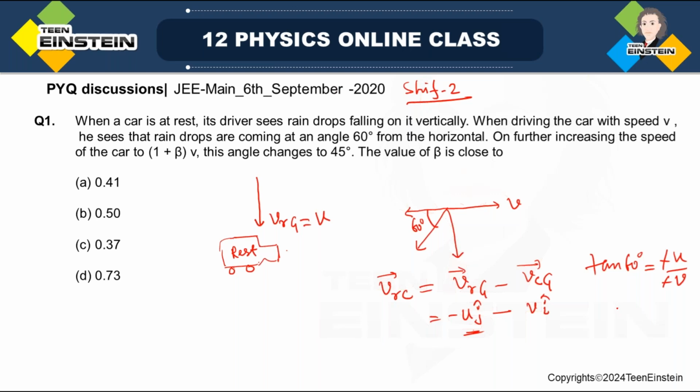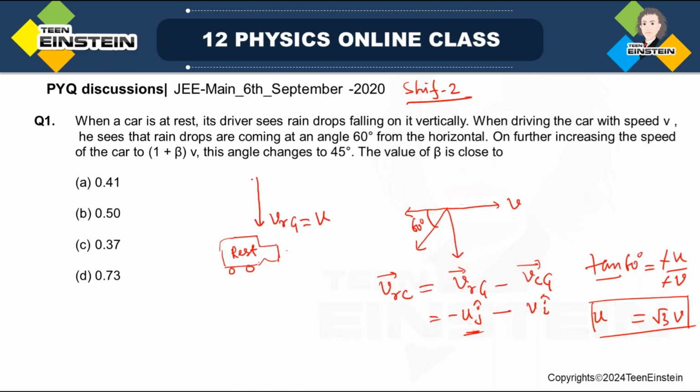Now the question is, what is tan theta? Tan 60° is √3, so u is equal to √3 into v. This is what I get from here.